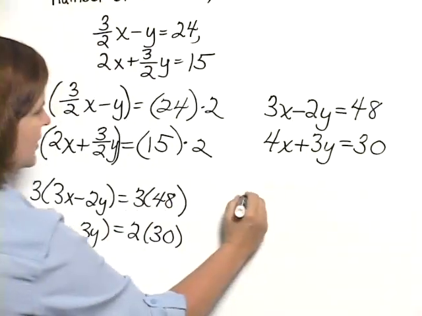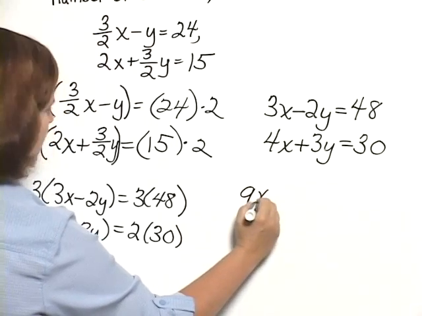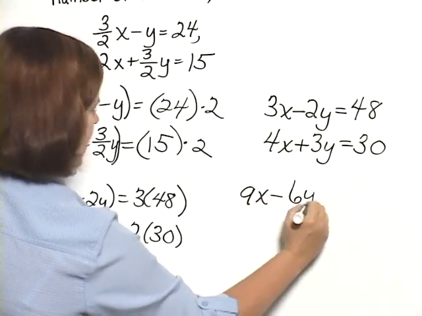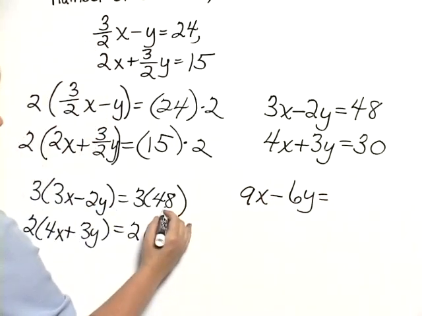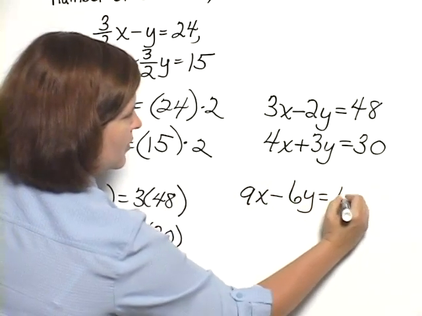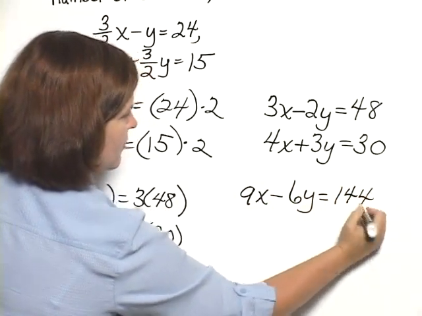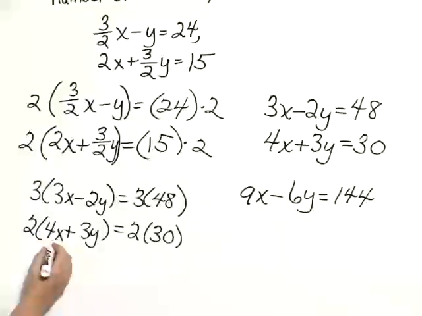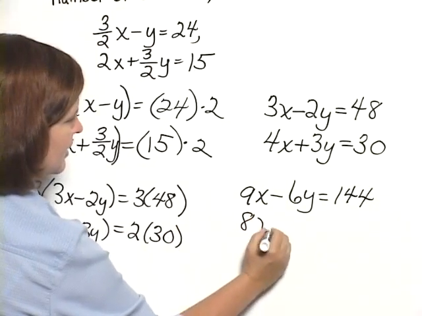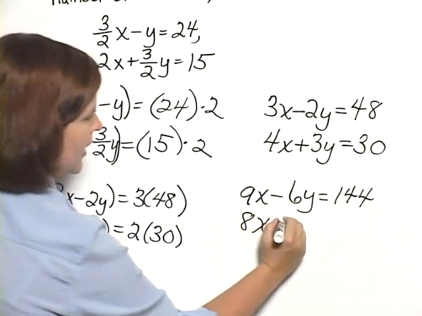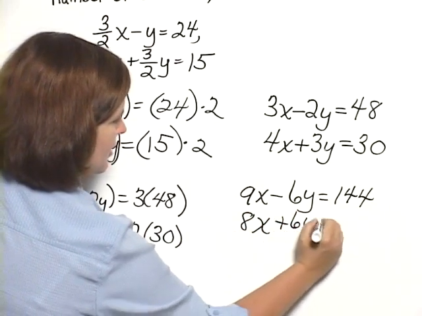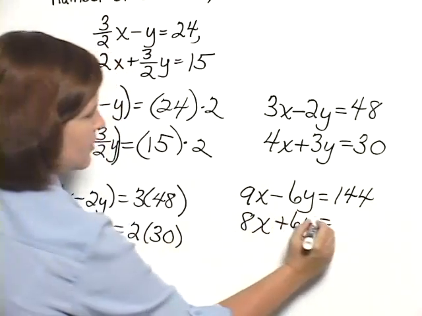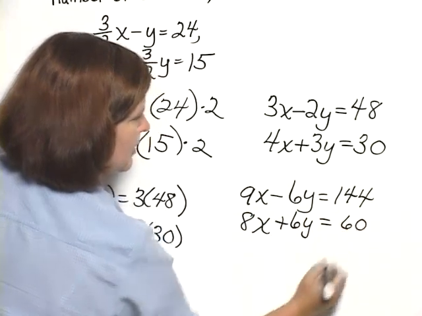Multiplying, I get 9x minus 6y equals, and 3 times 48 is 144. Multiplying here, I have 8x plus 6y equals 2 times 30 is 60.